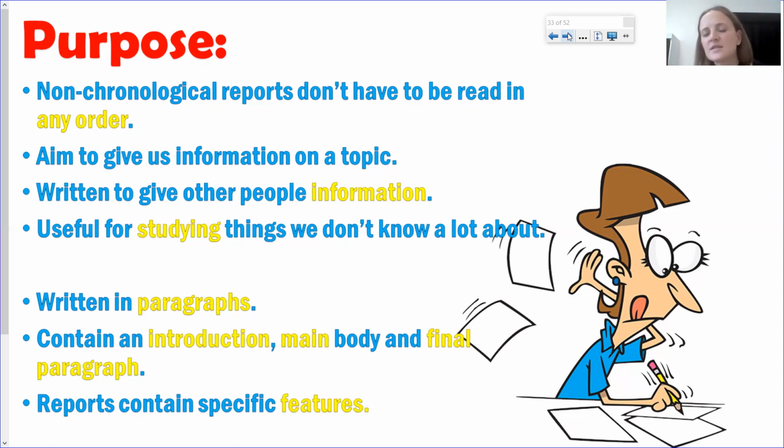In the next few slides, we're going to look at some examples of non-chronological reports. I just want you to have a look at how they're laid out, what they include, and what features you notice. Next week, we will be building our own toolkit for these.